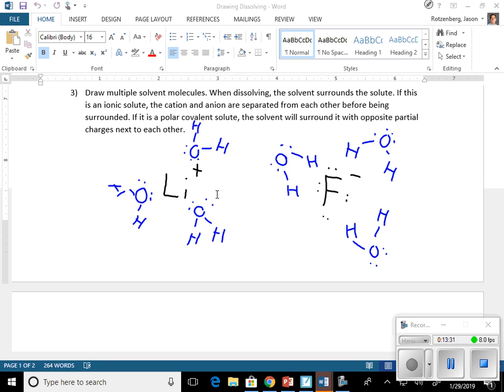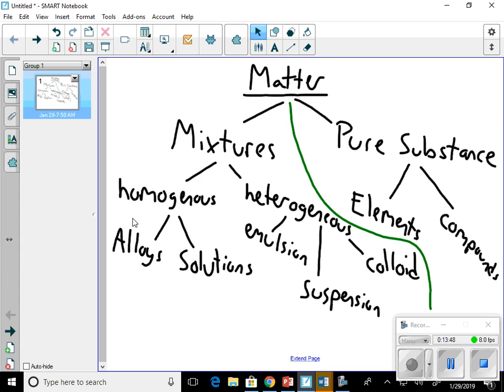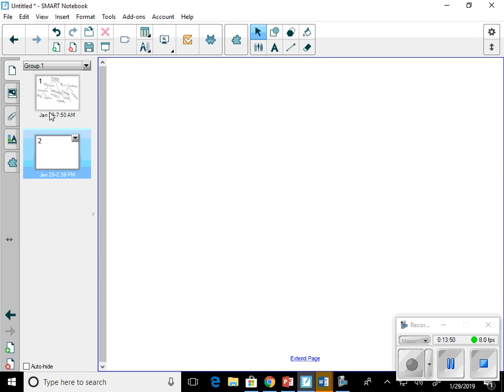Now, I do not have other examples on the back side of this sheet, but what I'd like you to do right now is flip to the back side, and I'll just go over 2 more examples with you, because this is an example of an ionic compound dissolved in water. Well, how about a polar covalent compound dissolved in water?